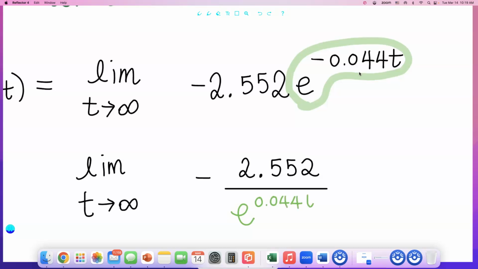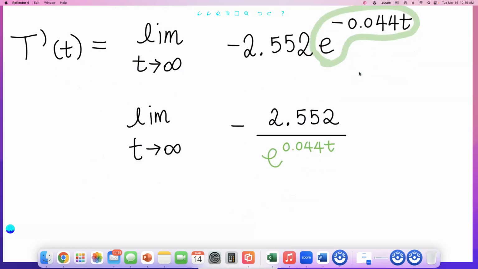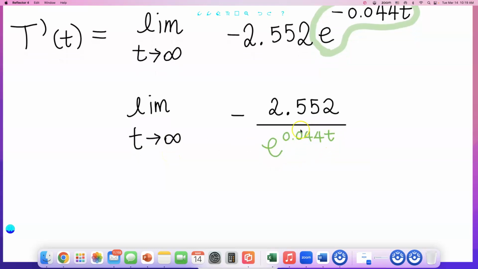Now we're raising e to, let's say, an infinitely big power again, right? So the denominator will be a very big number. So we're dividing negative 2.552 by a really big number.